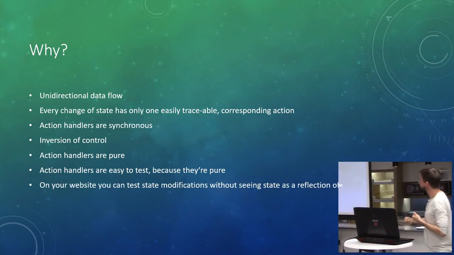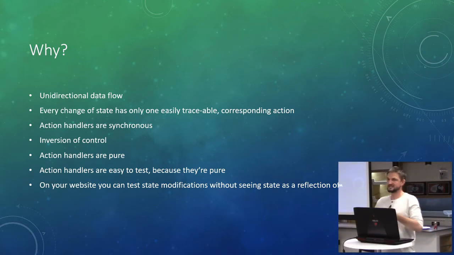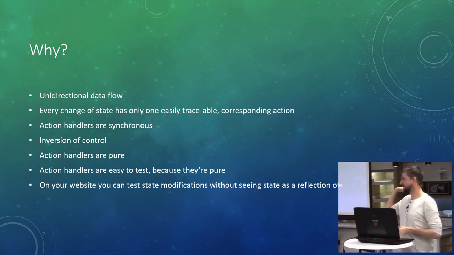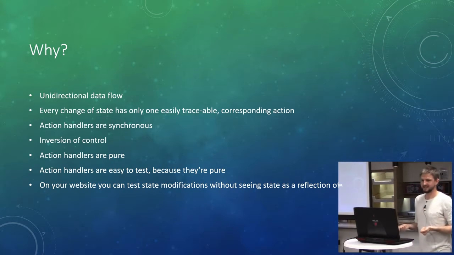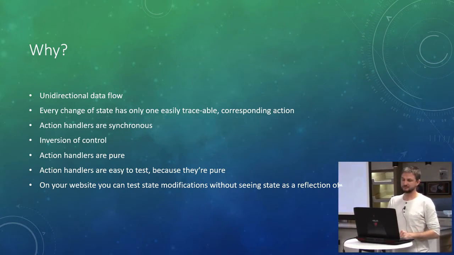So what I like most about this is that normally when you test your components in a website, say you were working with like Angular.js, the only way to see what you did to your website was to look at the changes in the DOM, which kind of sucks. So now that everything is in the state containers, you dispatch an action, you get a new state, and if it's what you expect, the test passes.